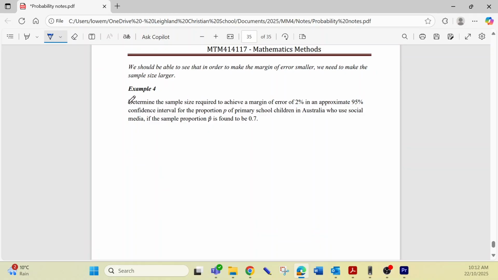So focusing here, then: determine the sample size required to achieve a margin of error of 2% in an approximate 95% confidence interval for the proportion p of primary school children in Australia who use social media, if the sample proportion p hat is found to be 0.7.